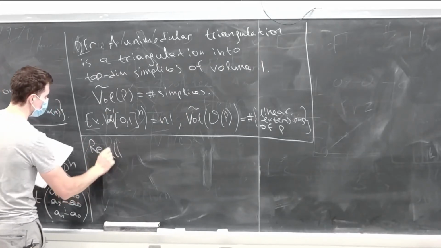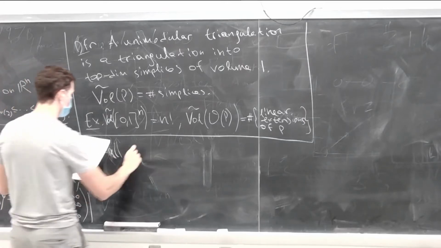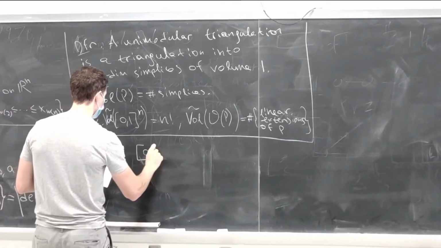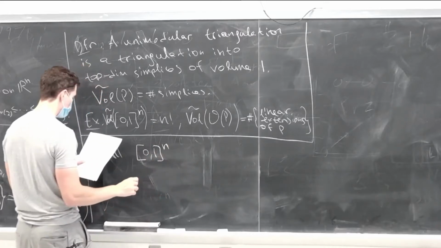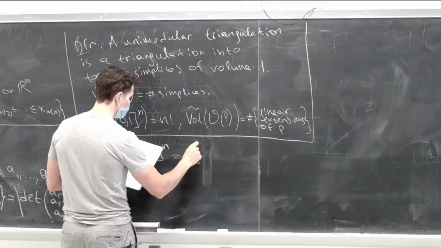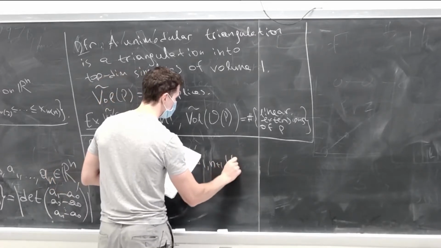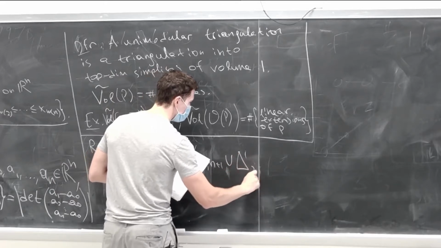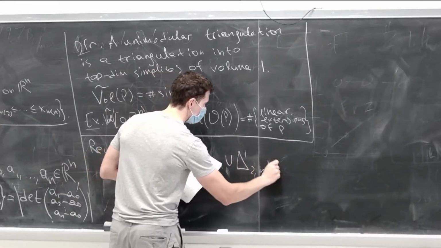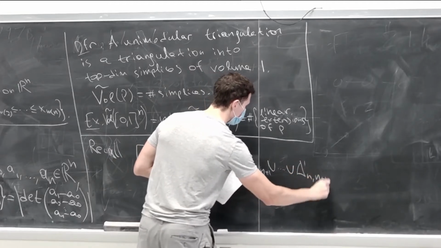We had a subdivision of the hypercube into hypersimplices. You take the hypercube [0,1]^n, and it was a union of these delta prime hypersimplices: delta prime 1 comma n plus 1, union delta prime 2 comma n plus 1, etc., up to delta prime n comma n plus 1.